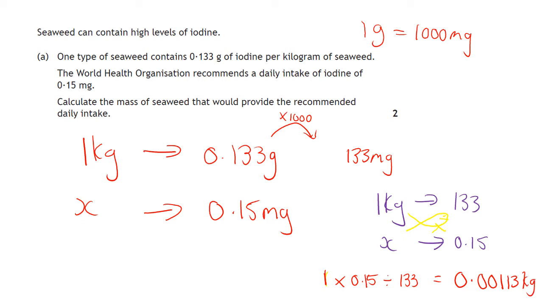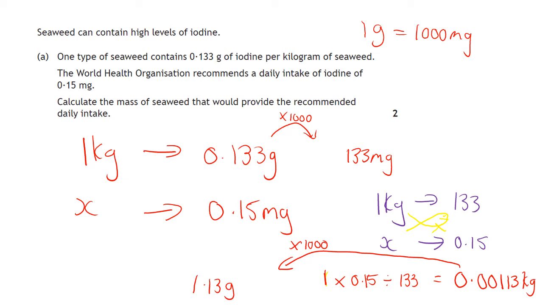You could write that in kilograms, or if you wanted to, you can turn that into grams by multiplying by 1,000, which gets you 1.13 grams of seaweed.